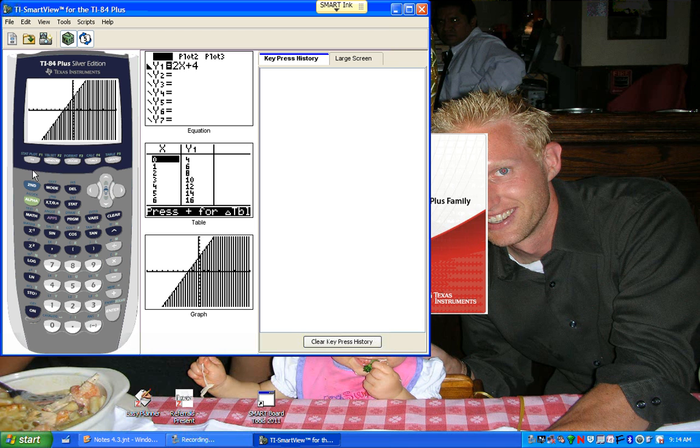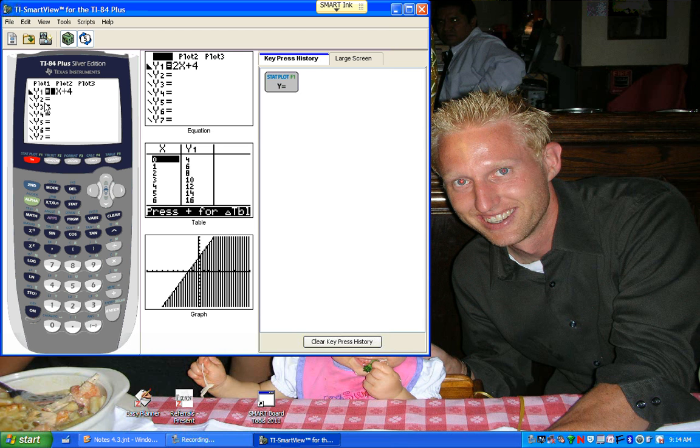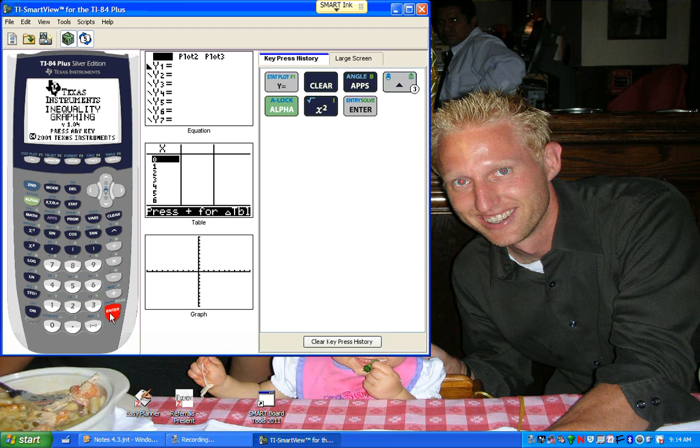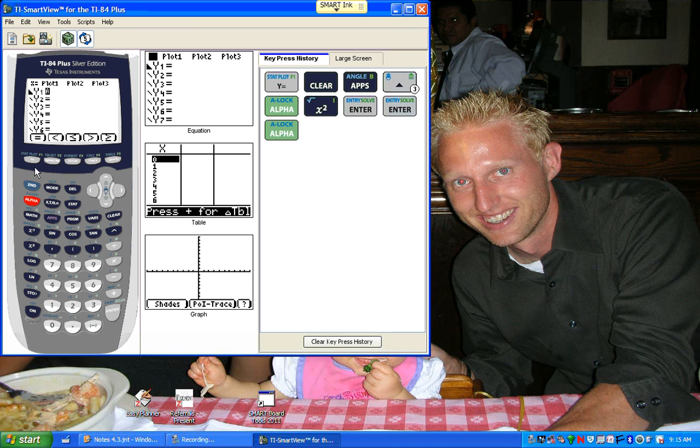I'm going to hit y equals here, clear that, go to x, and clear my inequalities. Forget it. Just going to go with alpha f1.